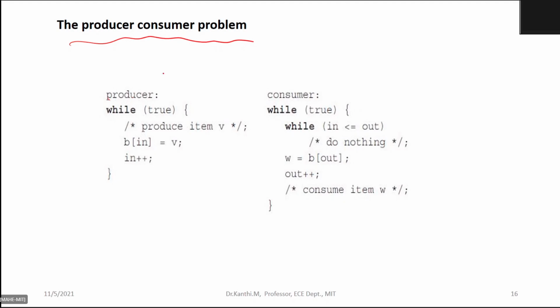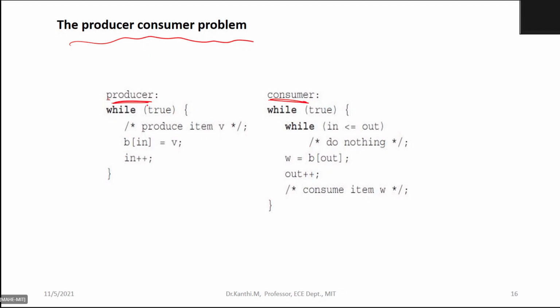So here there is something like a producer and the consumer. The producer is the one which will initiate it, it will give the items, whatever you call it here, and the consumer will acquire it.